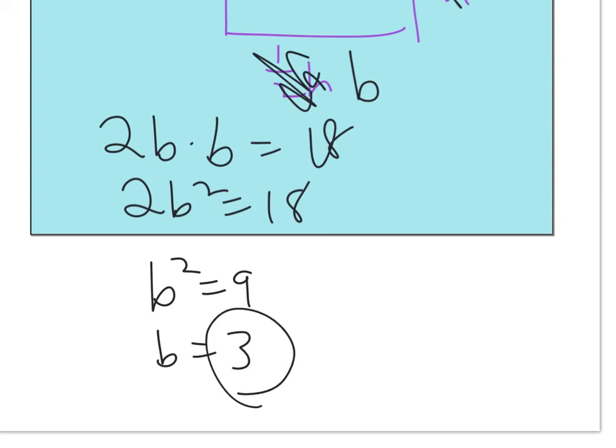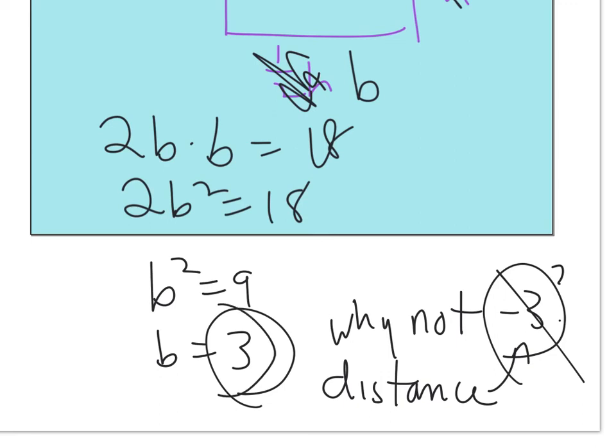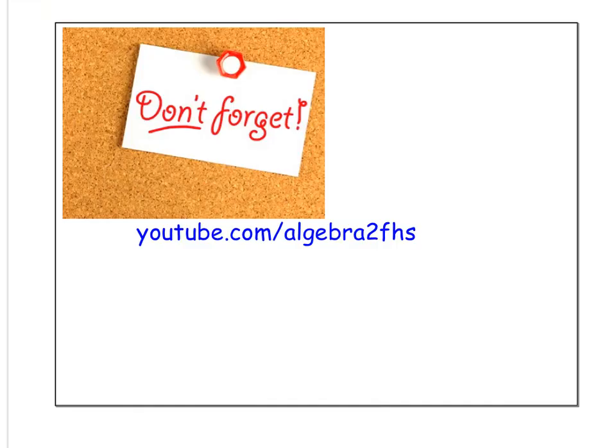Now, why did I choose 3? Why not negative 3? Well, negative 3 doesn't work. Okay, you're looking for a distance. You can't have something negative 3 long, so it's got to be positive 3. So this is going to be 3, and this is going to be 6. There's my answer.